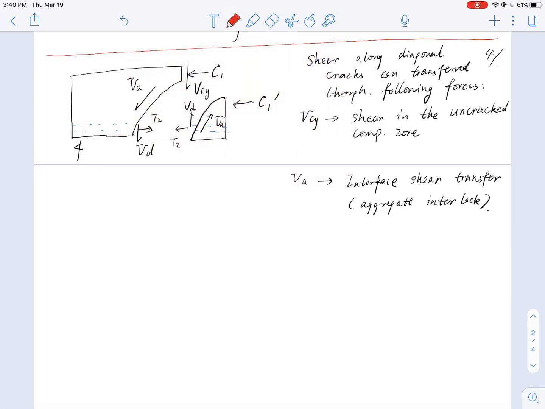To put it more vividly, think about a diagonal crack like this. I have some aggregates just breaking off and biting on top of each other on the shear surface.